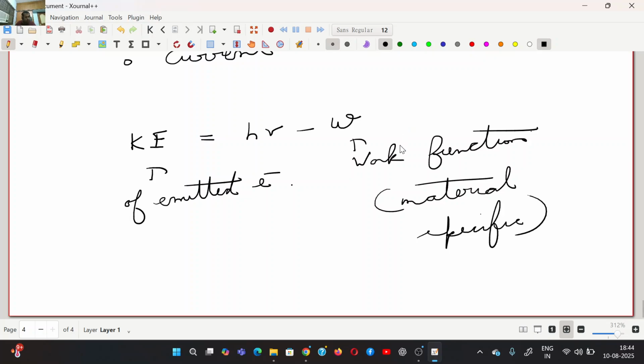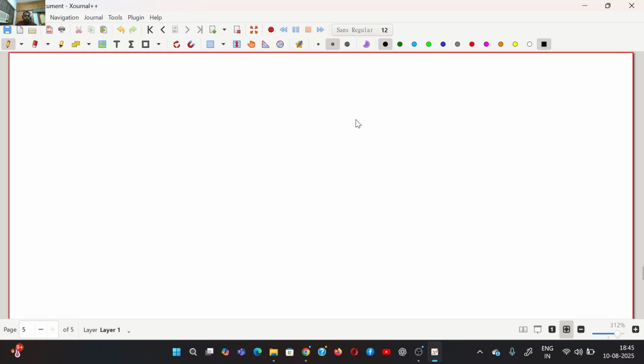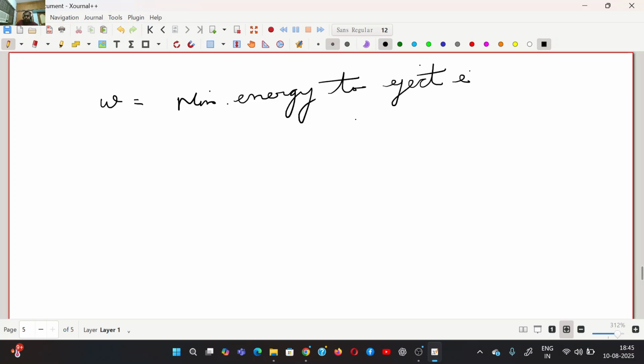Work function is basically the minimum energy needed to eject electrons. W, that is the work function: minimum energy to eject electrons.